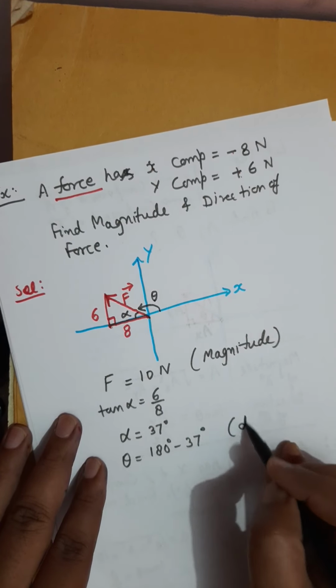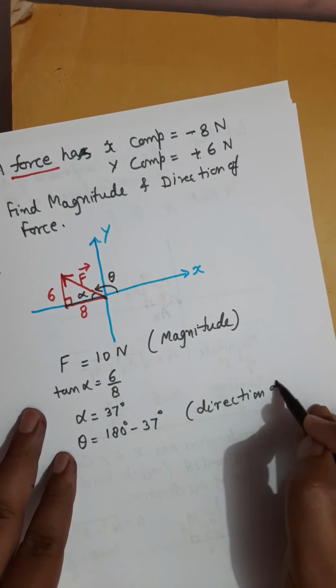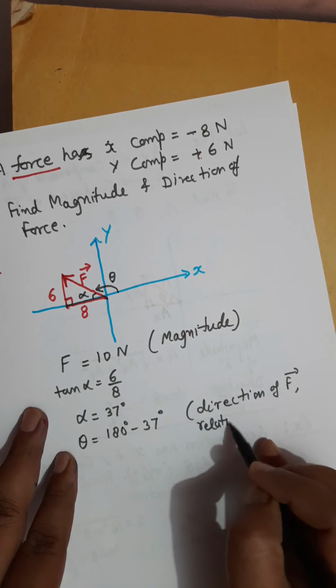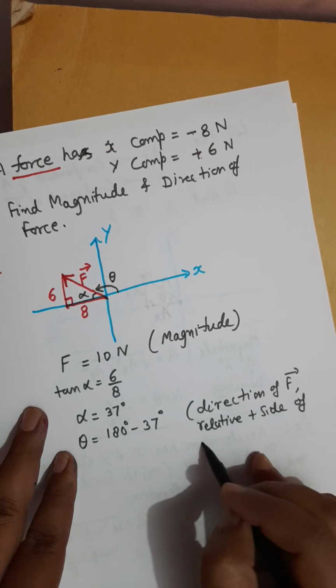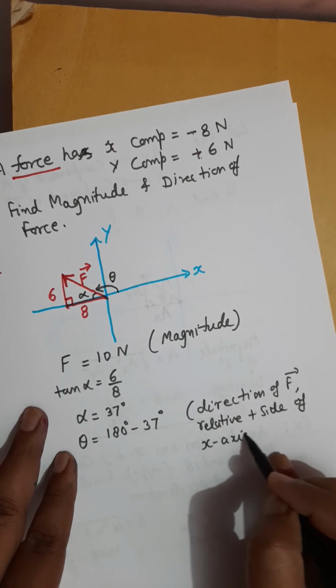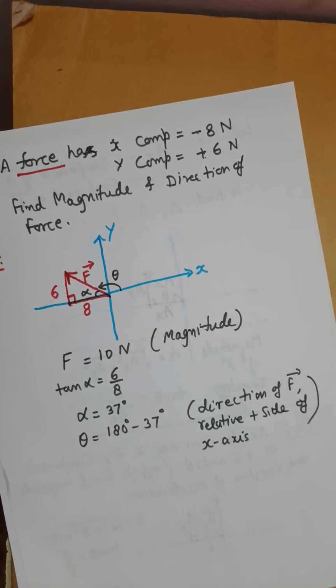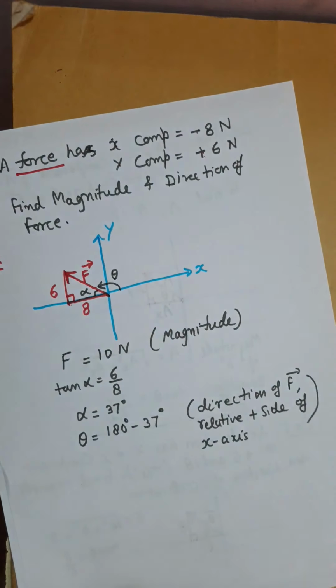And now this is the direction of the force vector, the direction of F vector relative to the positive side of the x-axis. This is only as per the convention that we prefer to give the direction of a vector from the positive side of the x-axis in the anti-clockwise manner. This is just a convention.